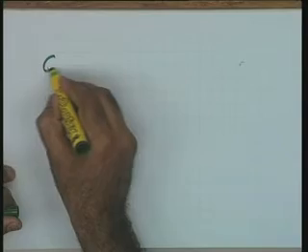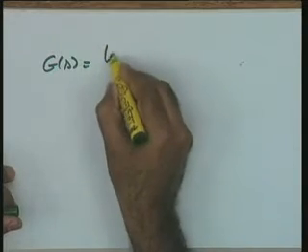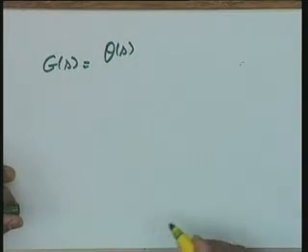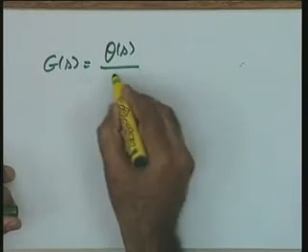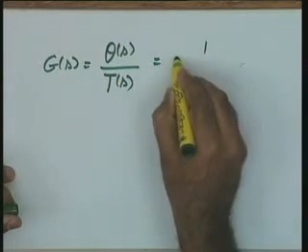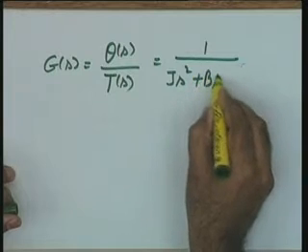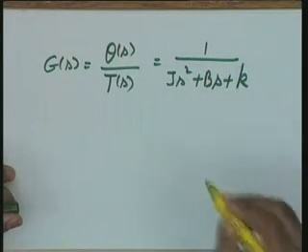In the transfer function form, as you will see, a second order characteristic polynomial will appear. G(s), the transfer function of the system, is now given by the output variable theta(s) divided by the input variable T(s), which is equal to 1 over Js squared plus bs plus k.